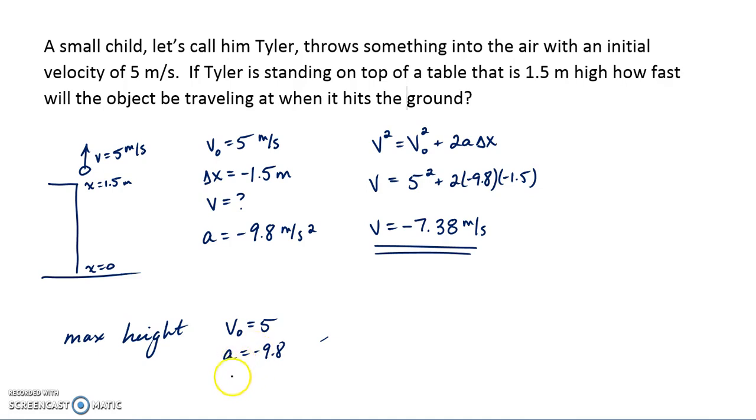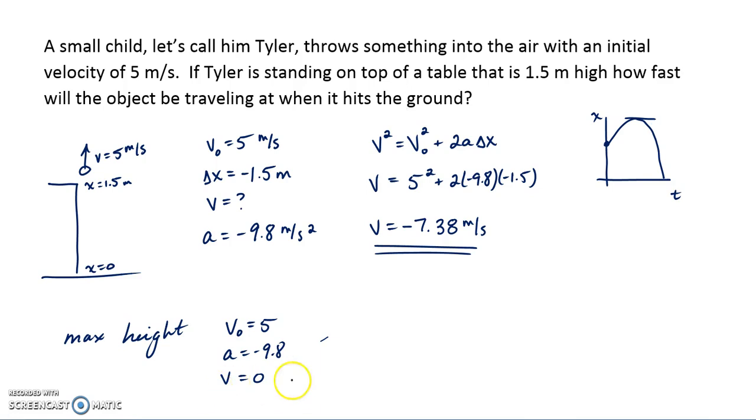But I do know that my final velocity is 0, because when an object reaches its max height, it comes to a stop. Because if I drew a position time graph for this guy, he would have gone up and down, and right here, the slope of that line is 0. So therefore we have to have a velocity of 0 at that peak.